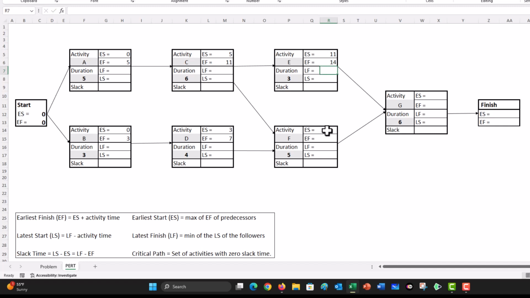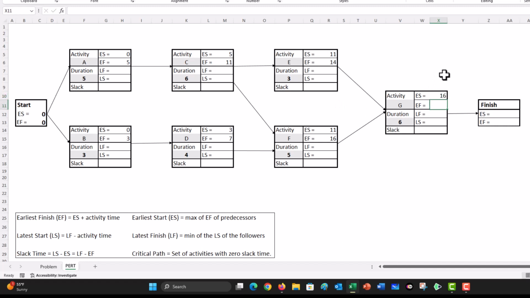For activity F, however, we have to worry about two earliest finish times, one up here and one down here. We have to take the larger, and that's going to be 11. And the earliest finish time, as usual, is the earliest start plus the activity time, which is going to be 16. Now we move to activity G. Again, here we have to worry about two earliest finish times for E and F, and take the larger one, which is 16.